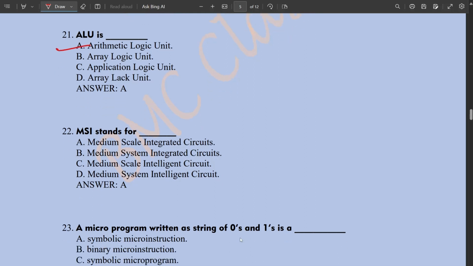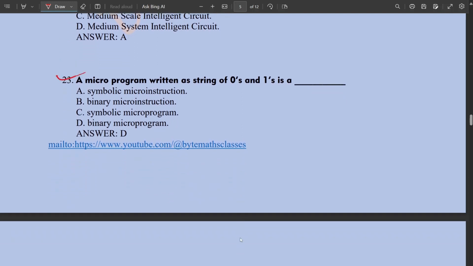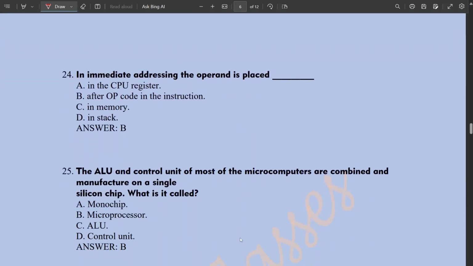Next, MSI stands for medium scale integrated circuit. Option A. Next, question 23, a micro operation written as a string of zeros and ones is a binary micro operation. Next, in immediate addressing, the operand is placed after the opcode in the instruction.